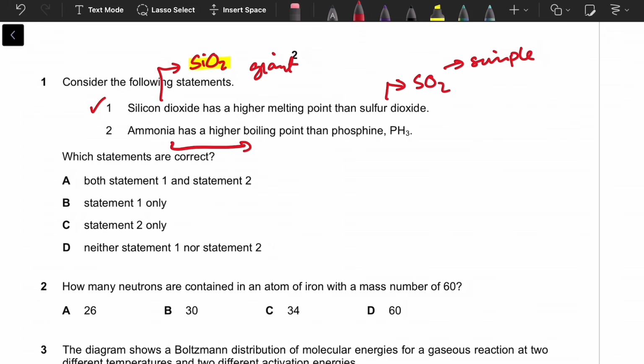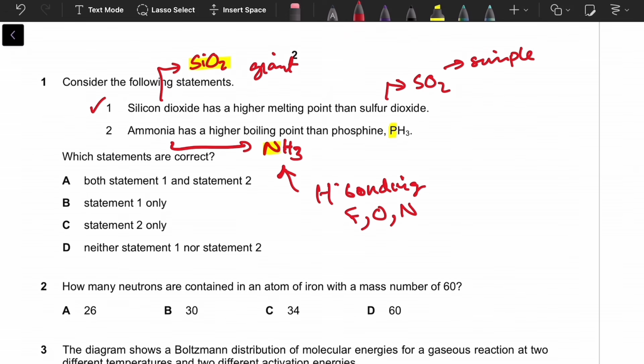The formula for ammonia is NH3. Both of them have 3 hydrogens, so what they expect of us is to recognize that there's an N here and a P here. The N here means that there is hydrogen bonding due to the presence of hydrogen atoms being bonded to one of the following, F, O, or N, so fluorine, oxygen, or nitrogen atoms.